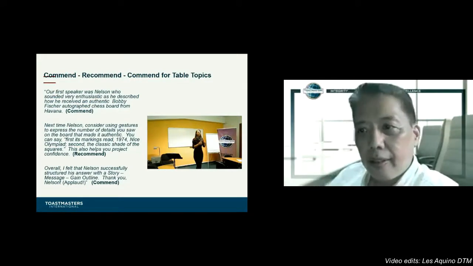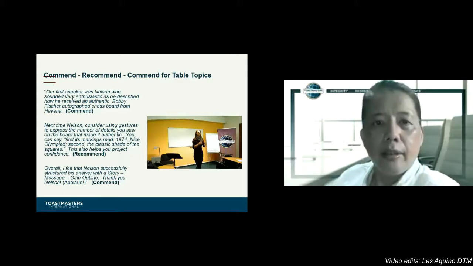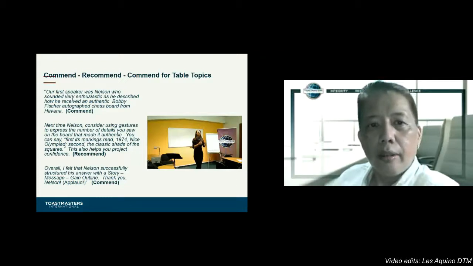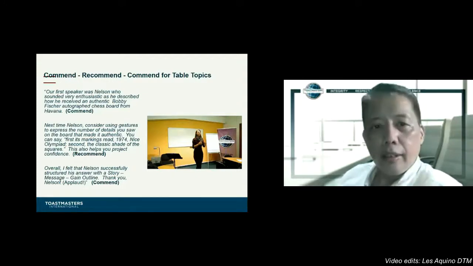Our first speaker was Nelson, who sounded very enthusiastic as he described how he received an authentic Bobby Fischer autographed chessboard from Havana. Next time, Nelson, consider using gestures to express the number of details you saw on the board that made it authentic.